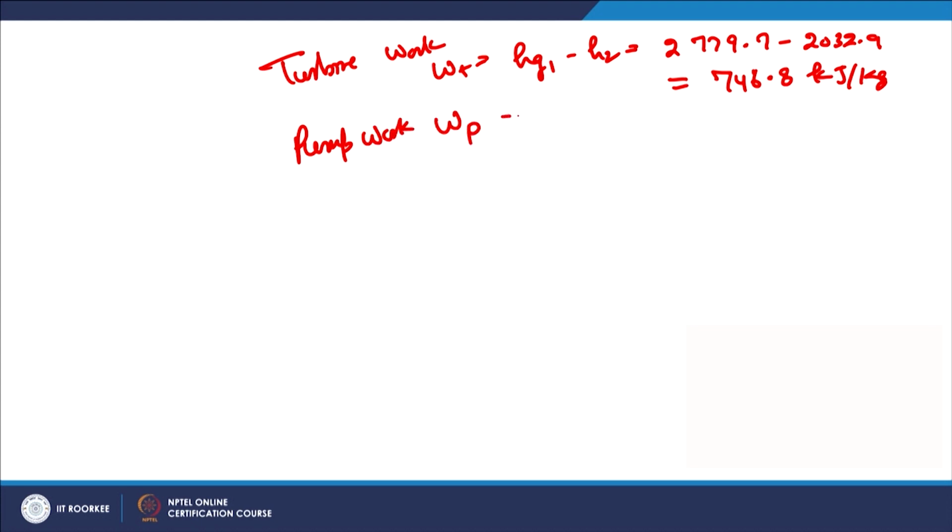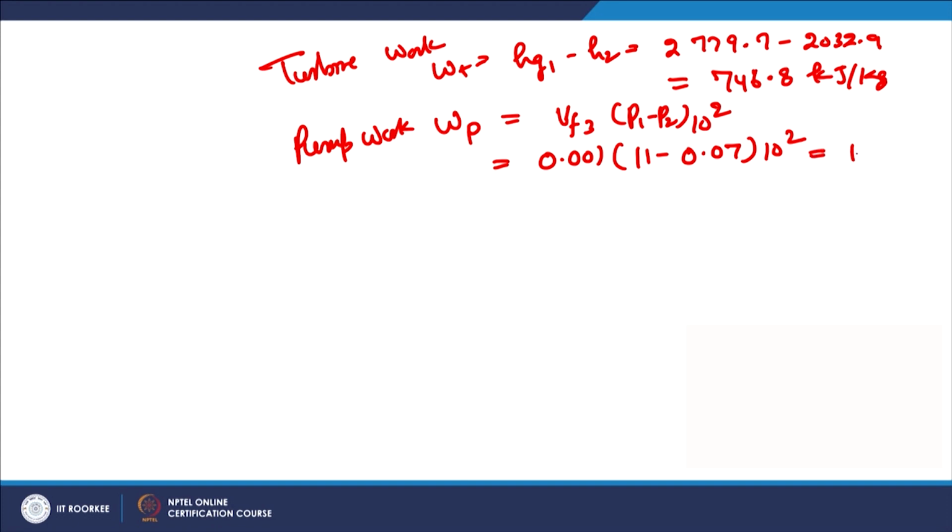Similarly, for the pump work, WP is equal to Vf into P1 minus P2 times 10 to the power 2, that is 0.001 into (11 minus 0.07) times 10 to the power 2, which is 1.093 kilojoule per kilogram.